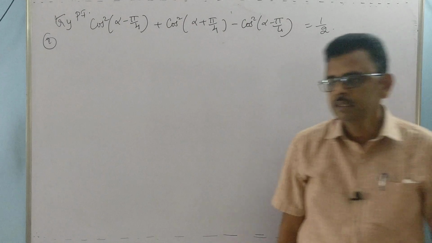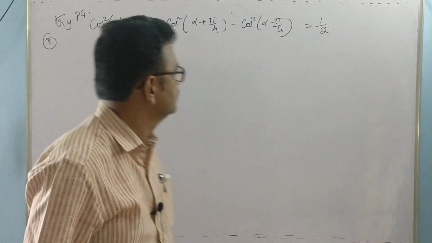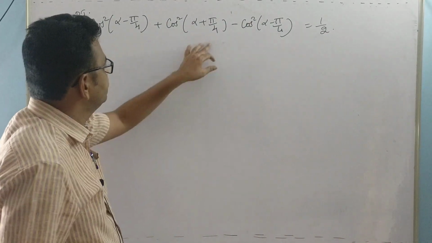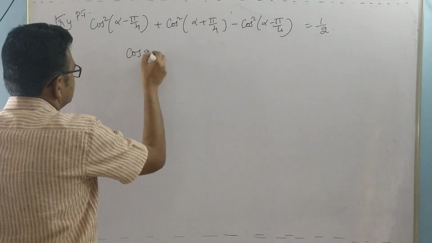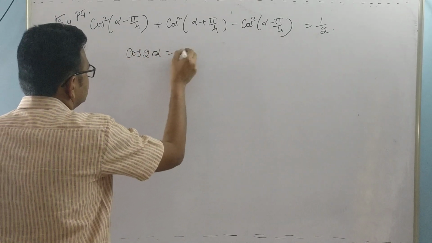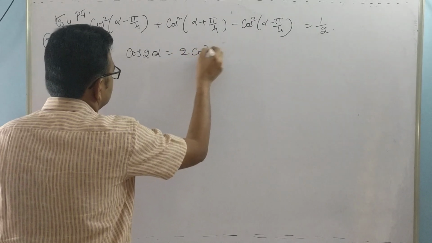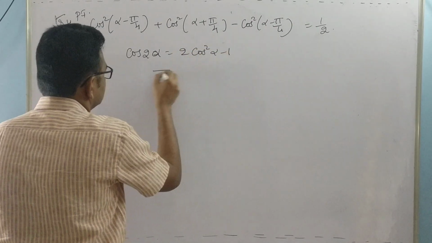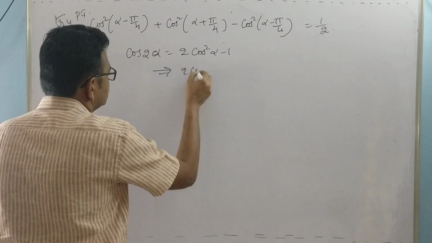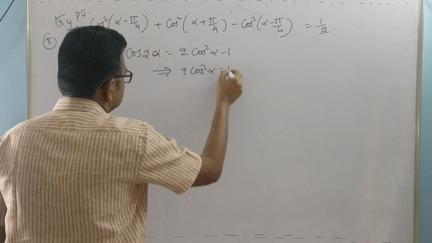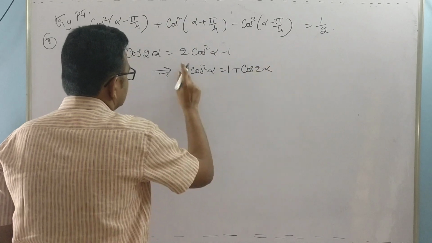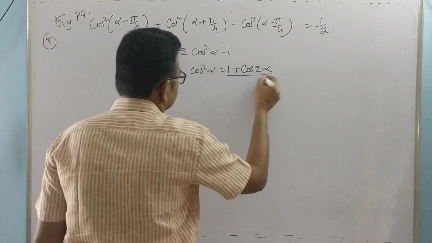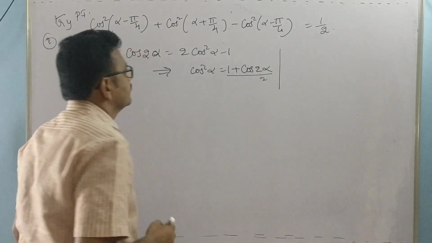Okay, this also, here by using the formulas, cos 2 alpha is equal to 2 cos square alpha minus 1, which implies 2 cos square alpha is equal to 1 plus cos 2 alpha. Cos square alpha equal to (1 plus cos 2 alpha) by 2. So this is one formula.